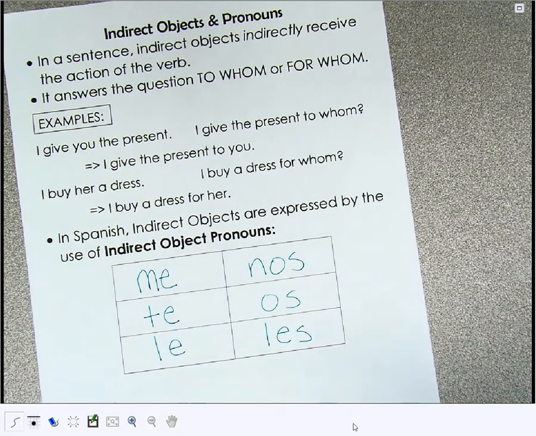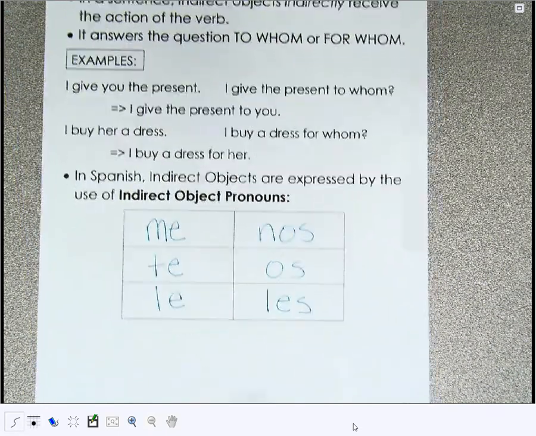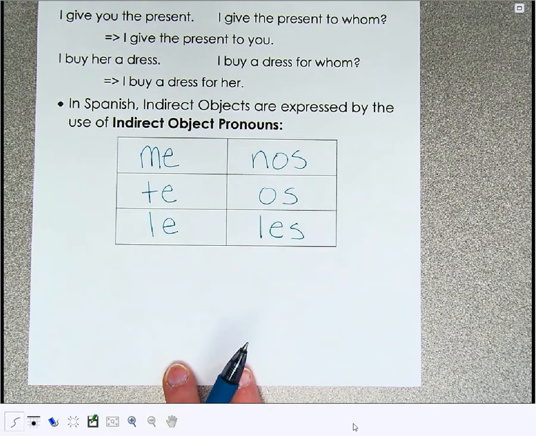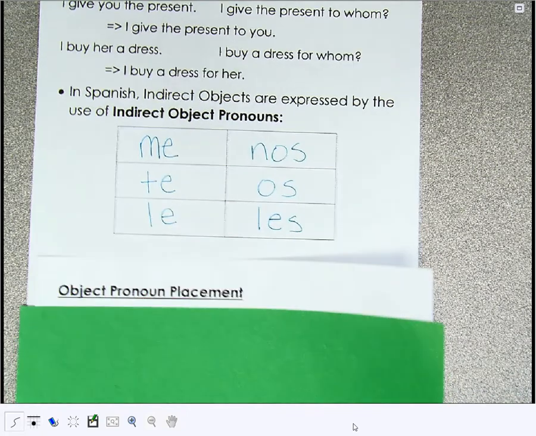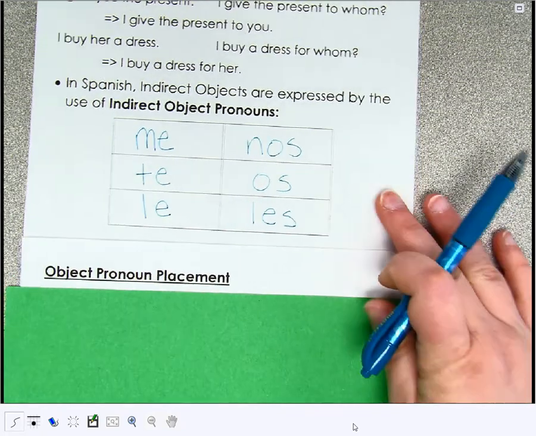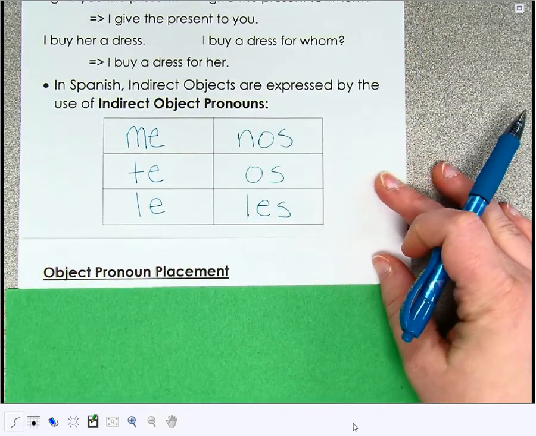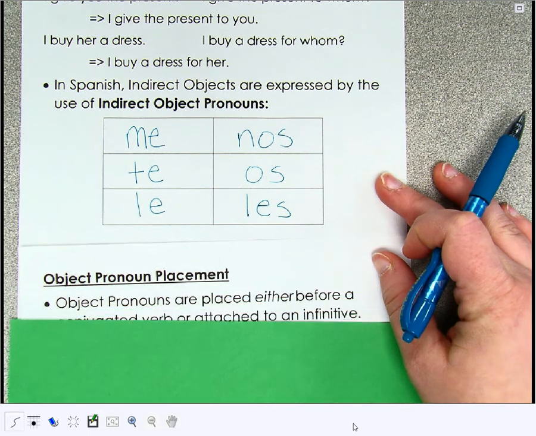Okay, so let's talk about the placement of object pronouns. And we learned a little bit of the placement when we did our direct object pronoun notes. And that was just to keep it simple. We said it goes before the conjugated verb, which is true, but there are other options.